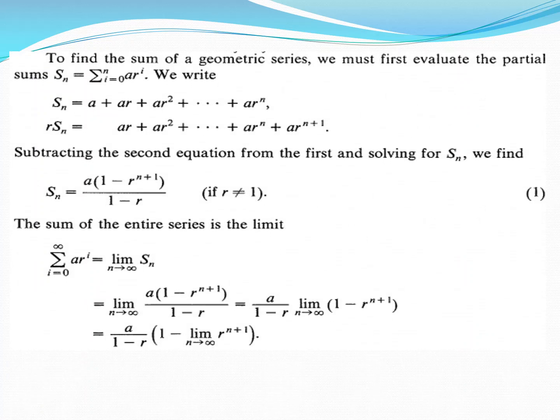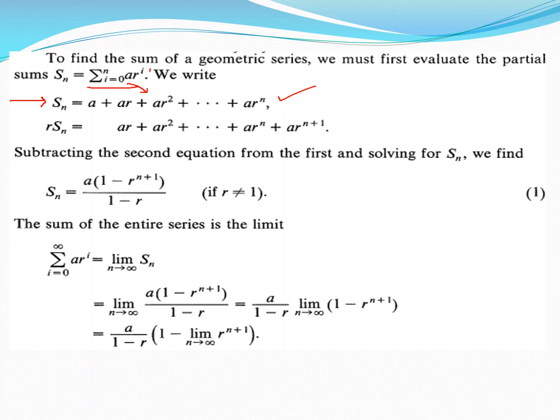To find the sum of a geometric series, we must first evaluate the partial sum. We know that the partial sum Sn is equal to the sum of a r to the i, where i varies from 0 to n. If we expand here, where i varies from 0 to n, we obtain a plus ar plus ar squared up to ar to the n.